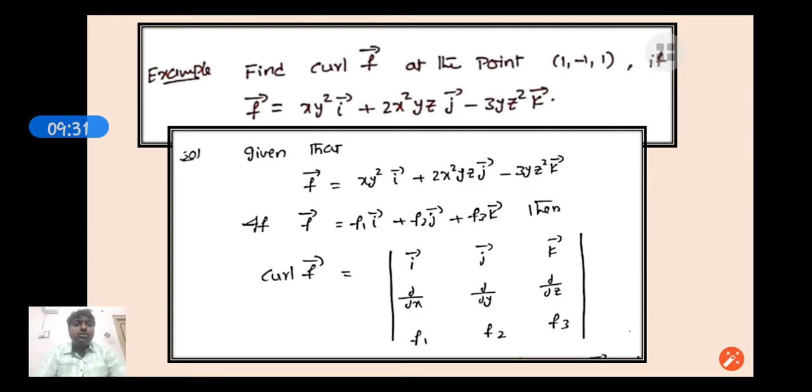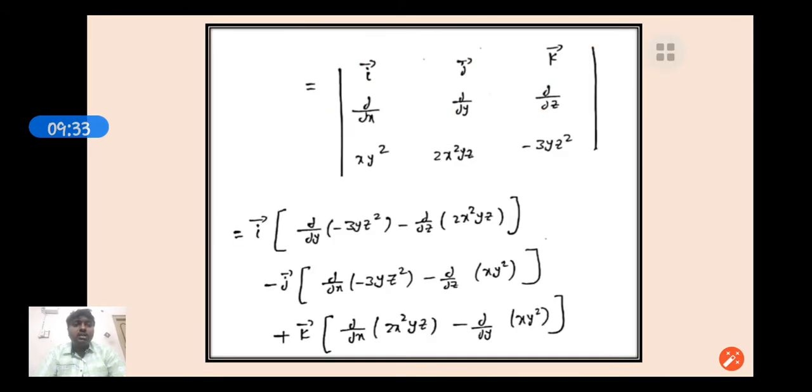Now I replace those values in the determinant: i bar, j bar, k bar; dou by dou x, dou by dou y, dou by dou z; x y square, 2x square y z, minus 3y z square. These are the components of i bar, j bar, k bar in the vector point function f bar.